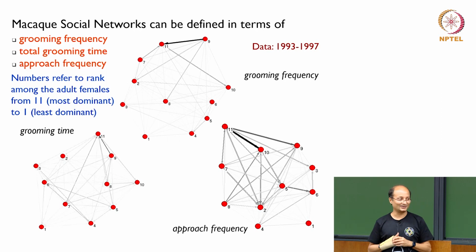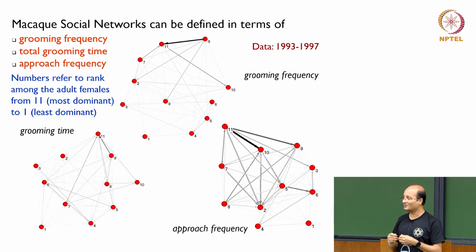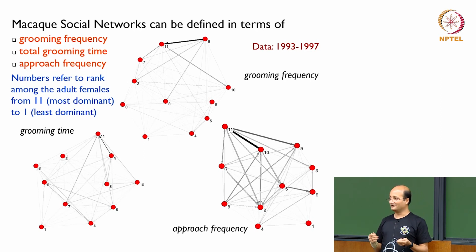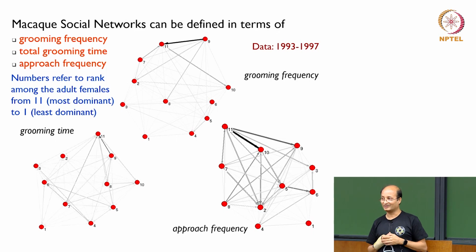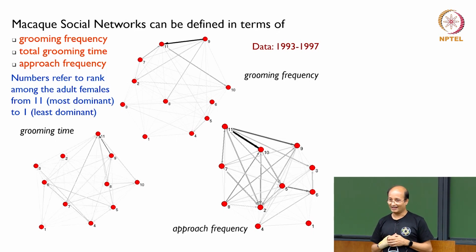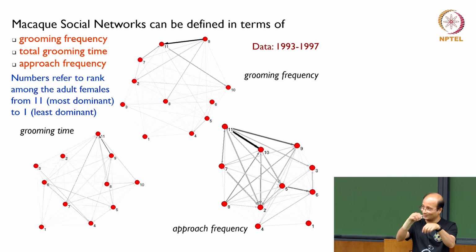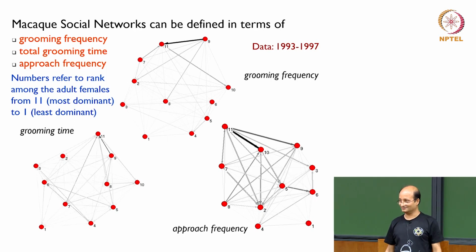So if you want to show care, or say I'm not a threat to you, or ask will you support me if I try to take on the head guy, you spend a long time allo grooming the other individual. So it's a very versatile way of forming social bonds.